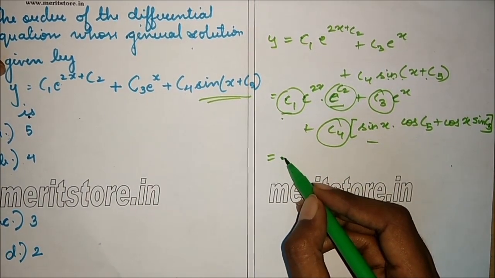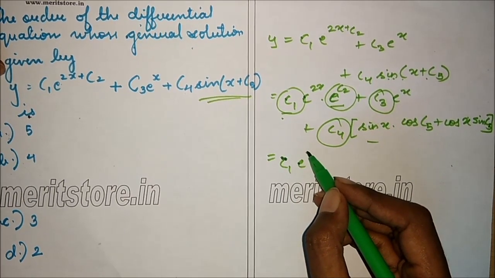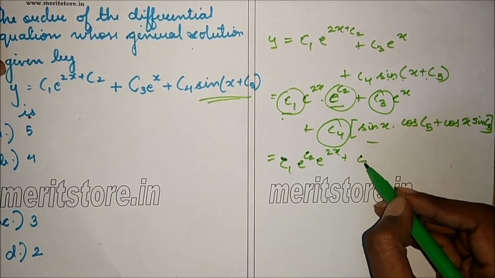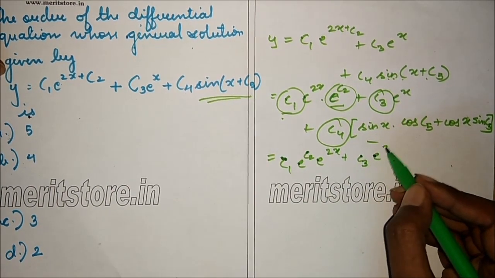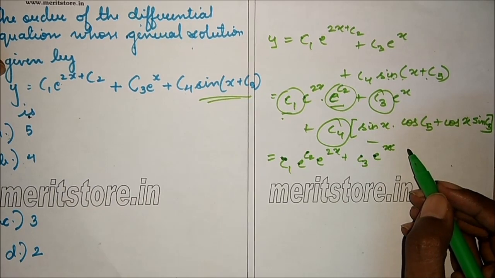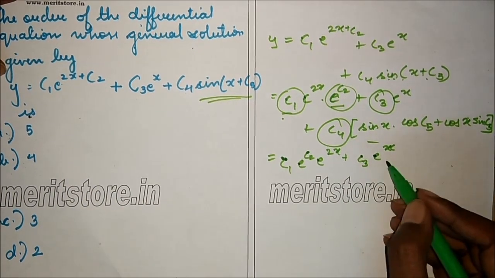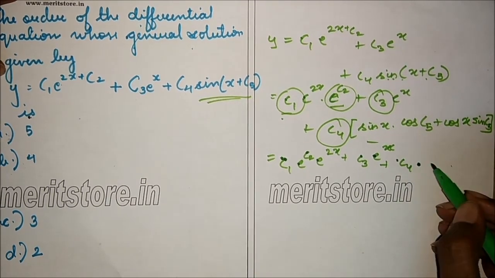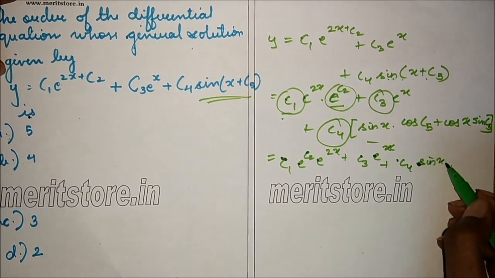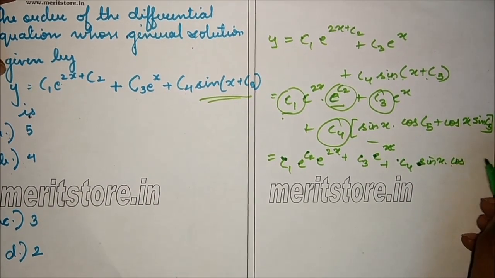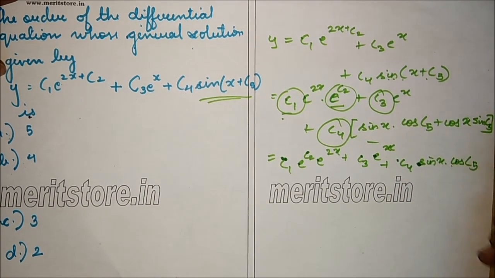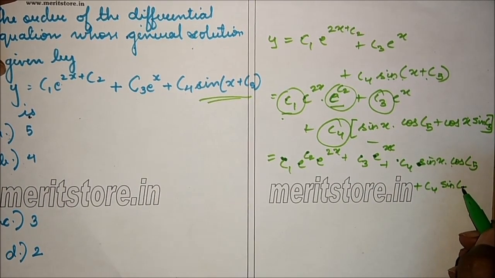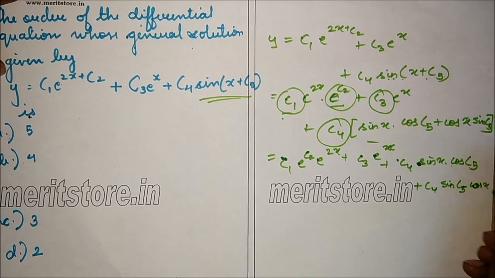So this will be c1 e raised to c2 e raised to 2x plus c3 e raised to x plus c4 sin x cos c5 plus c4 sin c5 cos x.